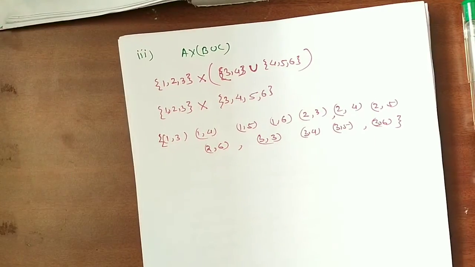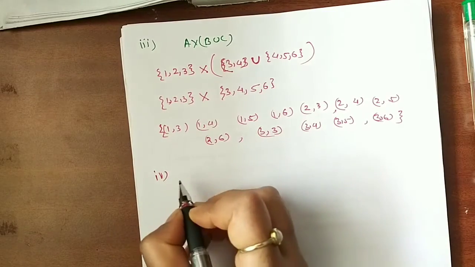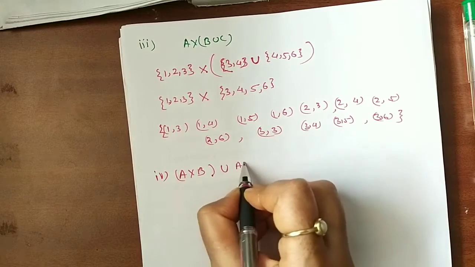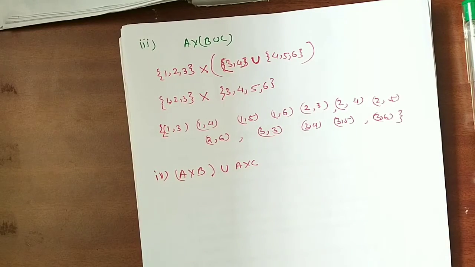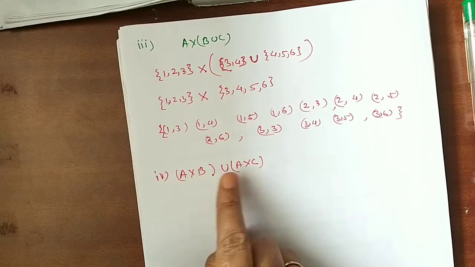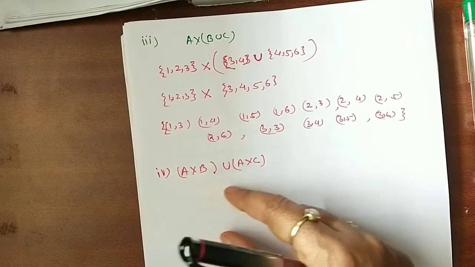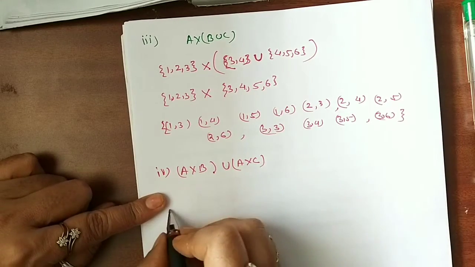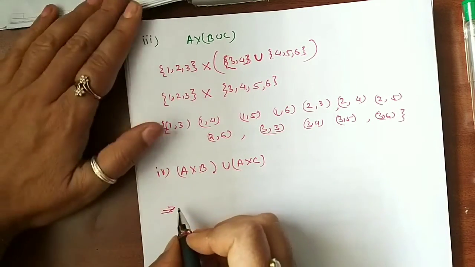Now the fourth part says, guys, find out A cross B union A cross C. So what you have to do? Find out A cross B separately, A cross C separately, and union means all elements which are there. Okay, I want you to solve on your own and I am just writing the answer, guys.